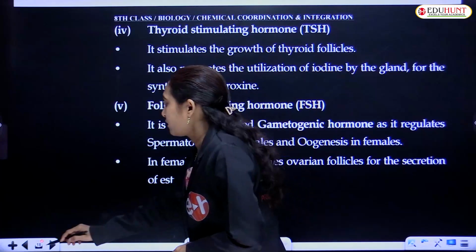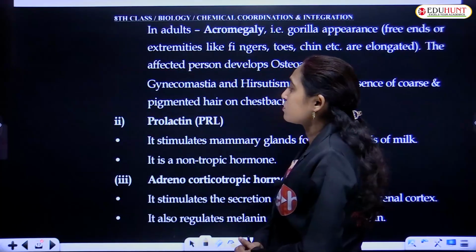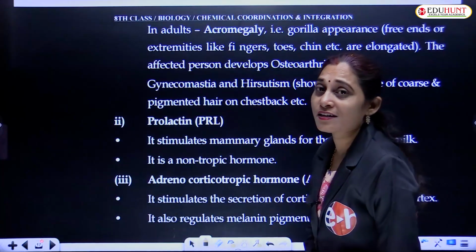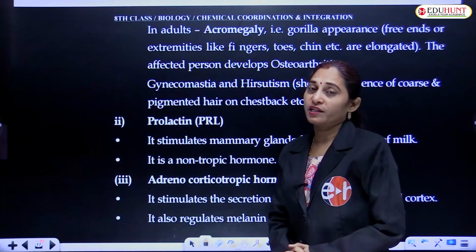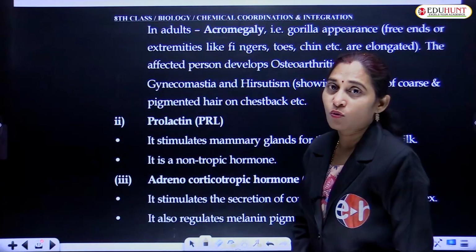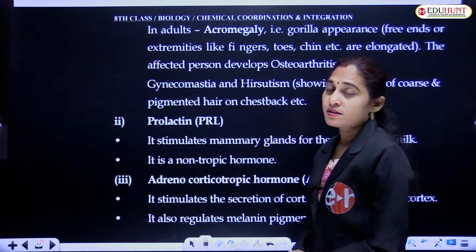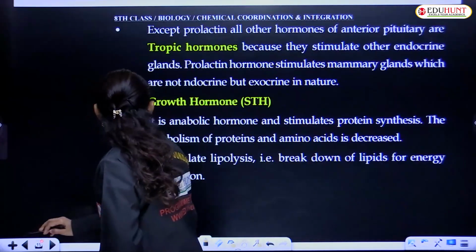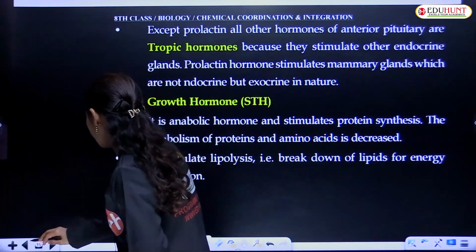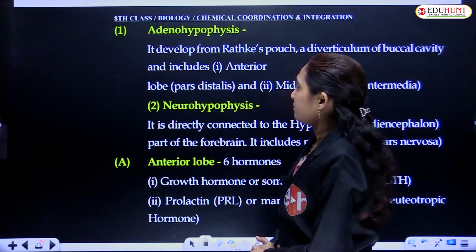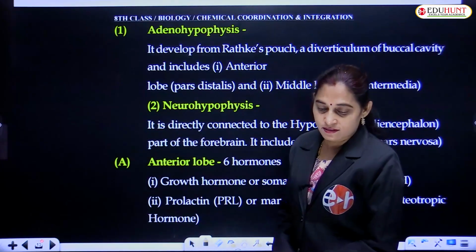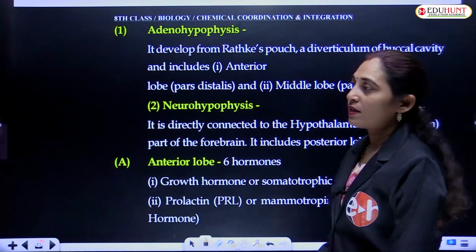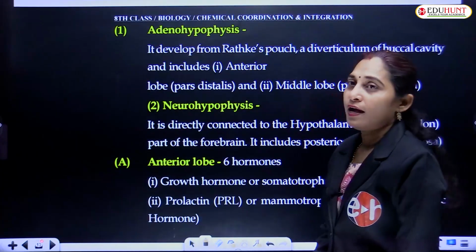The first three hormones are released by the anterior lobe of the pituitary gland. The pituitary gland has two parts, that is adenohypophysis and neurohypophysis.